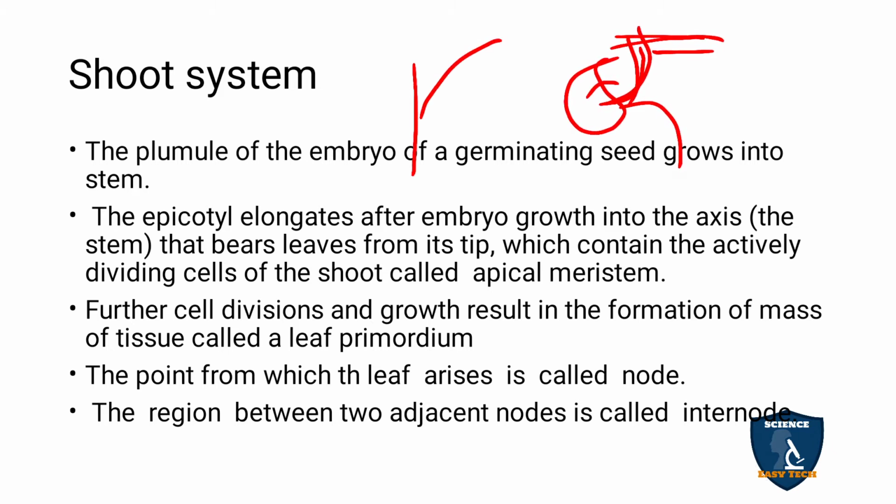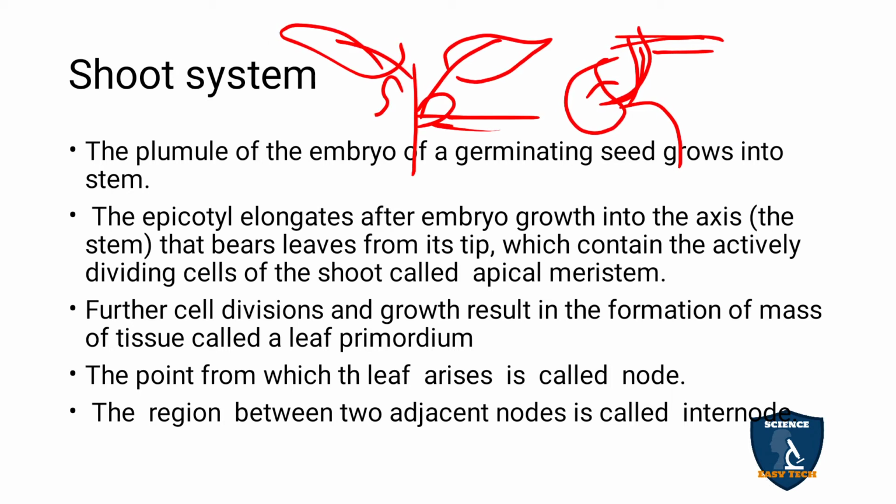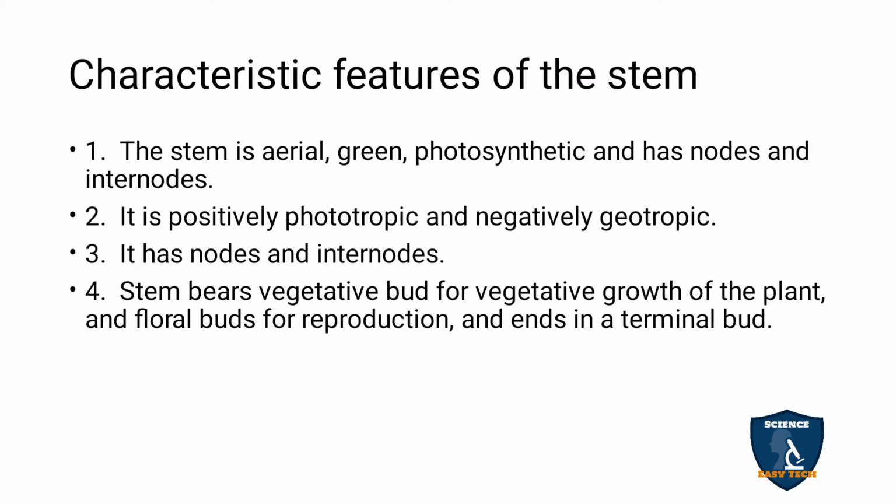It grows, and where the leaf arises, that portion is called the node. The region between two adjacent nodes is called the internode. The gap between two nodes is called the internode.